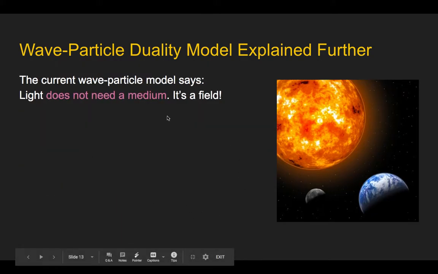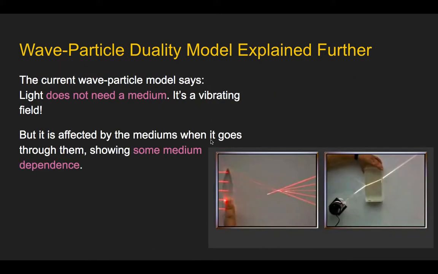Light does not need a medium, and that's because it is a field itself. Specifically that field is vibrating, but it is affected by mediums when it goes through them. Remember we showed last time that refraction where it enters this prism right here. So light is going in. We know that it's slowed down, because if it was traveling at the same speed, it would go in a straight line.